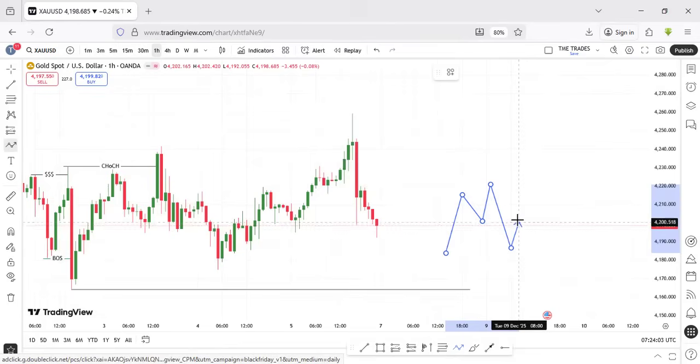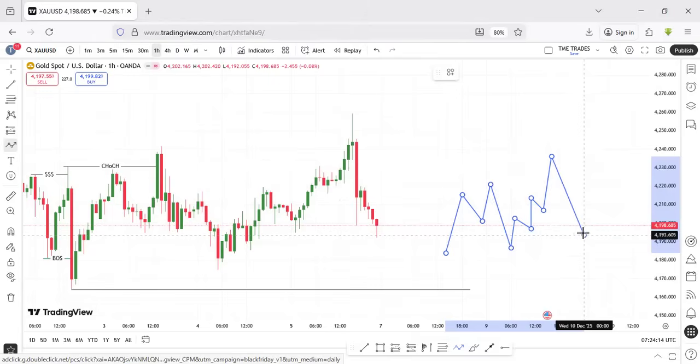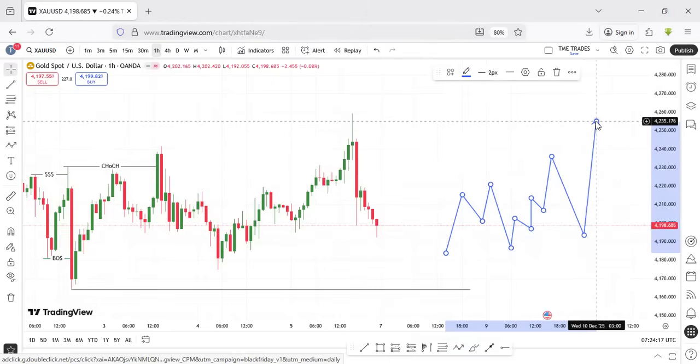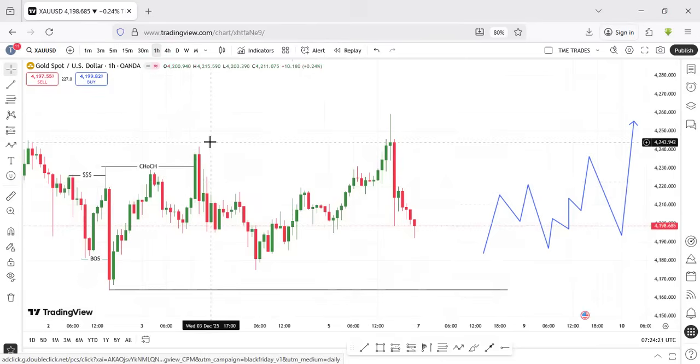But before that break of structure, you will see the market moving like this. After this break of structure, markets always come back to take out internal lows or internal structure, then continue moving to the upside. And that's exactly what this market did.